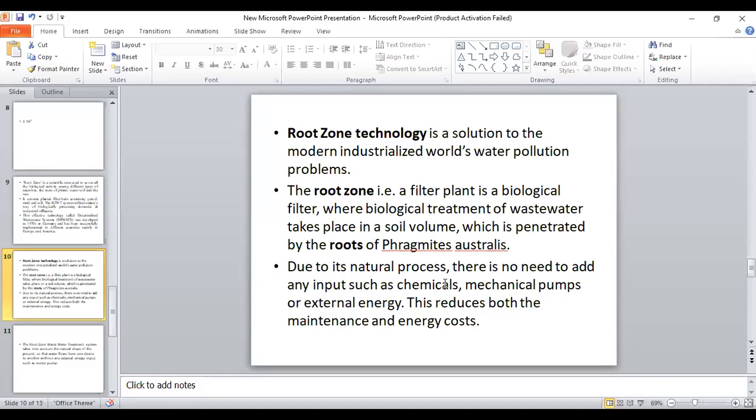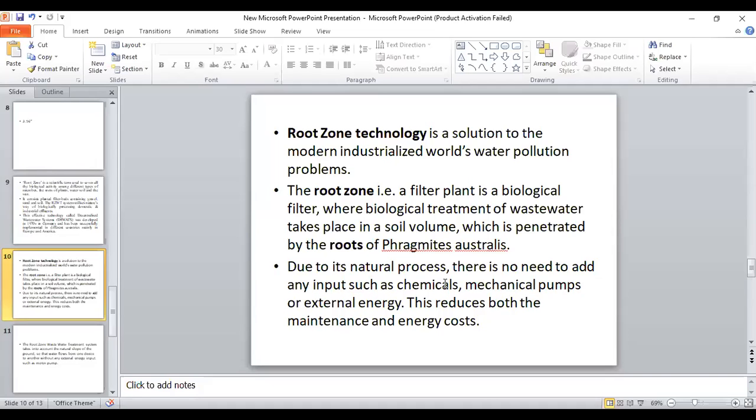Due to its natural process, there is no need to add any input such as chemicals, mechanical pumps, or external energy. That means you can save the cost required for energy, chemicals, and mechanical pumping. So this is one of the economical types of technology.